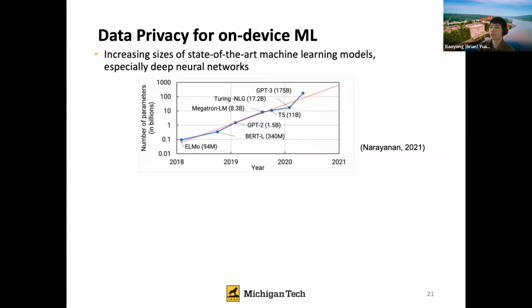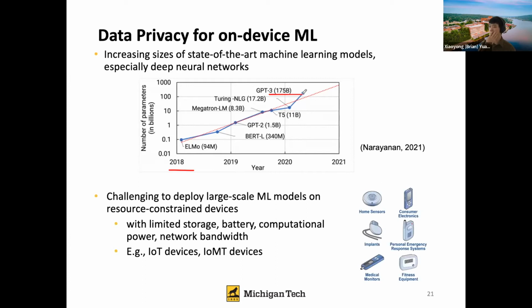In the recent three years, we find that in 2018, the size of a state-of-the-art machine learning model was probably around millions of parameters. But after 2020, we can have some models with 100 billion parameters. That's a very huge number.